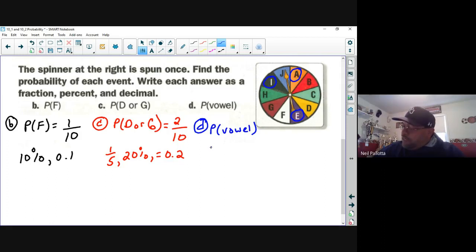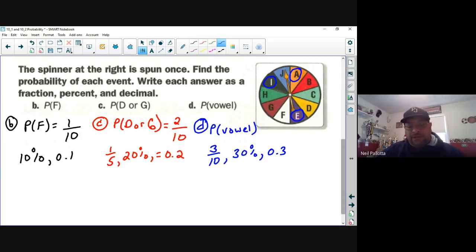So we have 3 favorable outcomes out of the 10 possible outcomes. So the probability of spinning a vowel would be 3 out of 10. If we write 3 out of 10 as a percent, that's going to be 30%. And if we write 30% as a decimal, 30% would be 3/10 as a decimal.